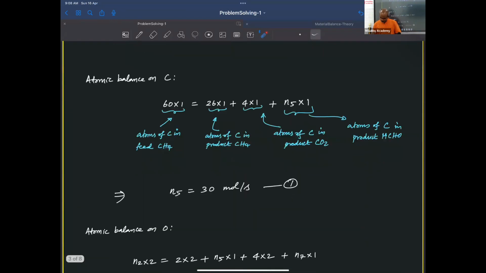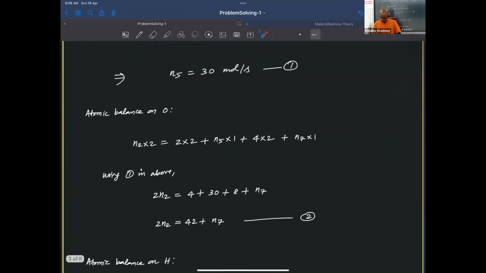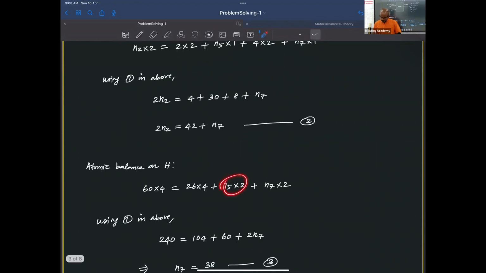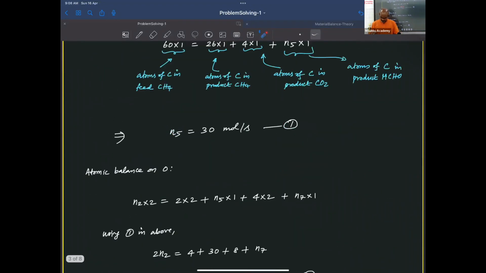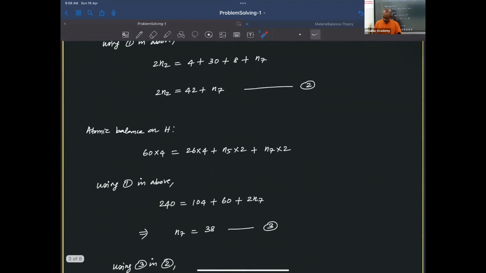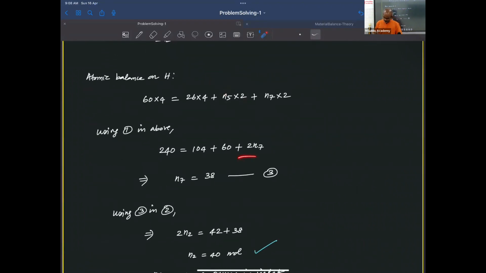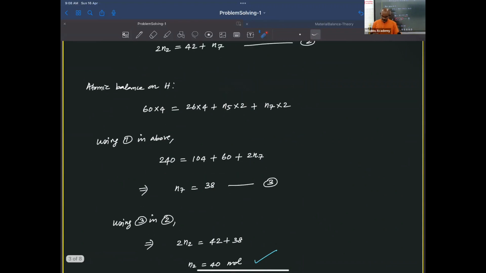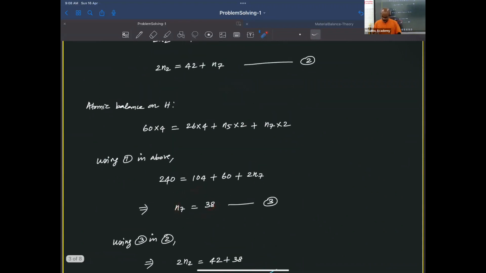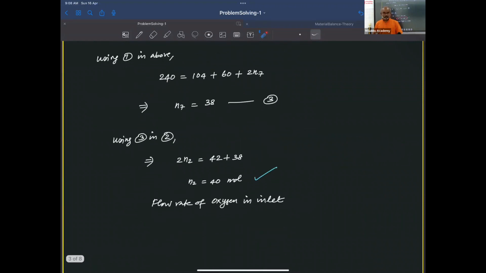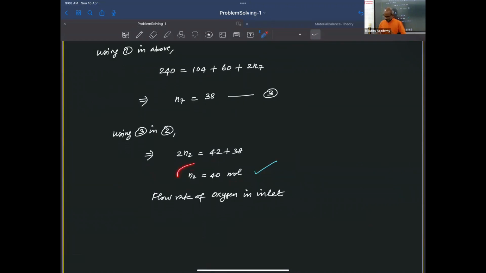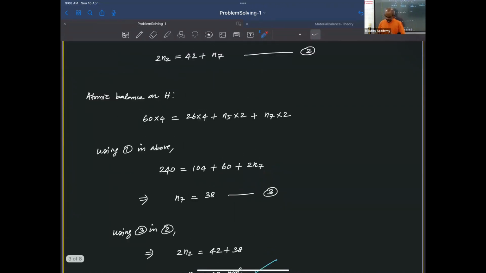And likewise, N7 into 2. N5 value is available as 30, so from that I can get the value of N7. And using this in equation 2, I can solve for N2, which is nothing but the flow rate of oxygen in the inlet.